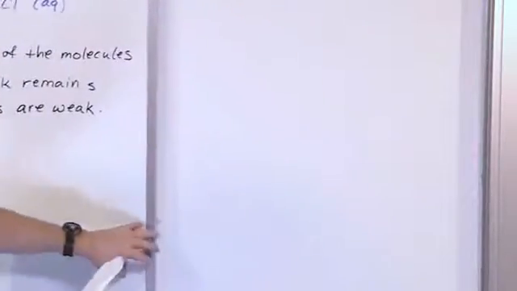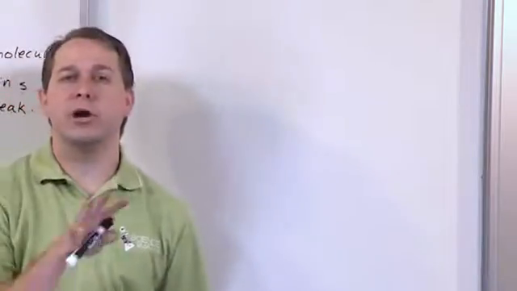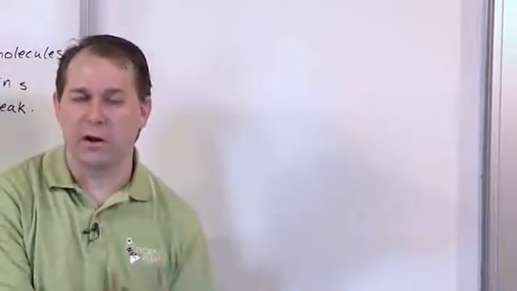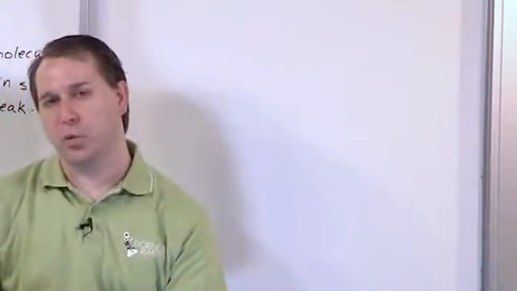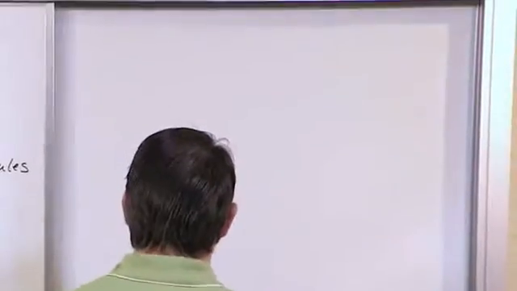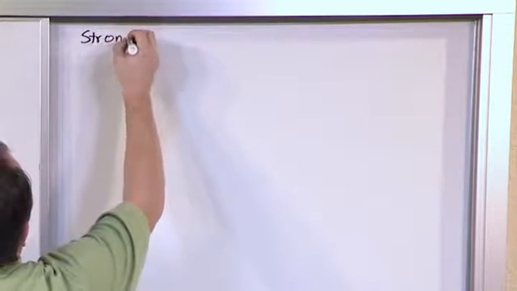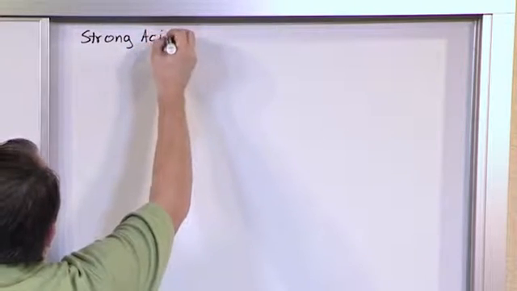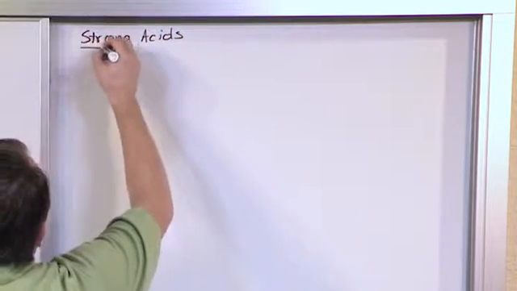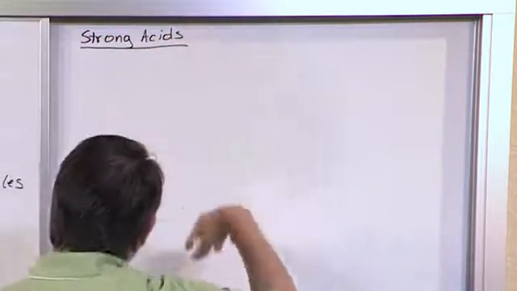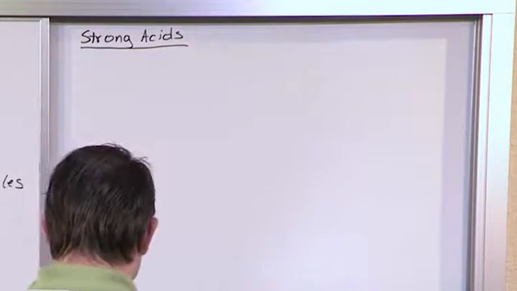Now what I'd like to do to close the section off is give you a nice listing of some common acids that we call strong and common acids that we're going to call weak acids. You'll probably see a lot of these things over and over again. So, common strong acids. The list obviously is going to extend beyond what I'm going to write on the board, but I'd like to give you at least a few.